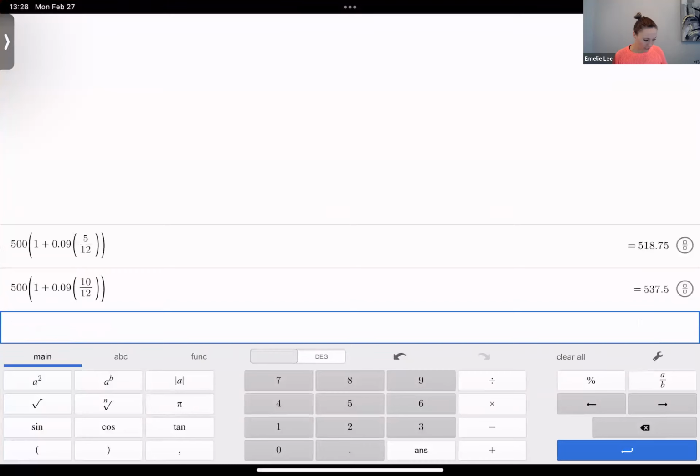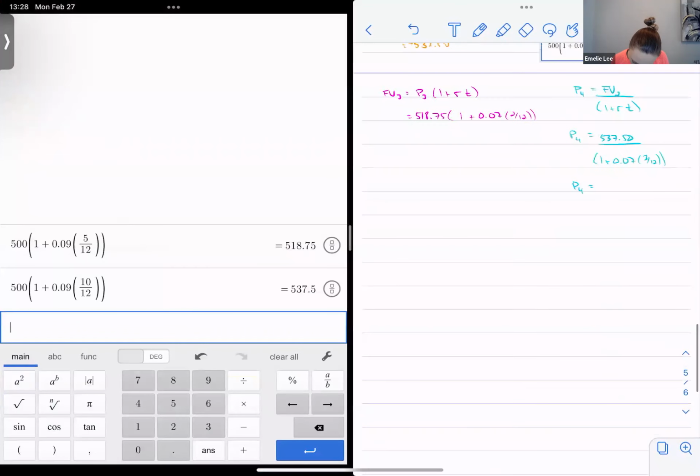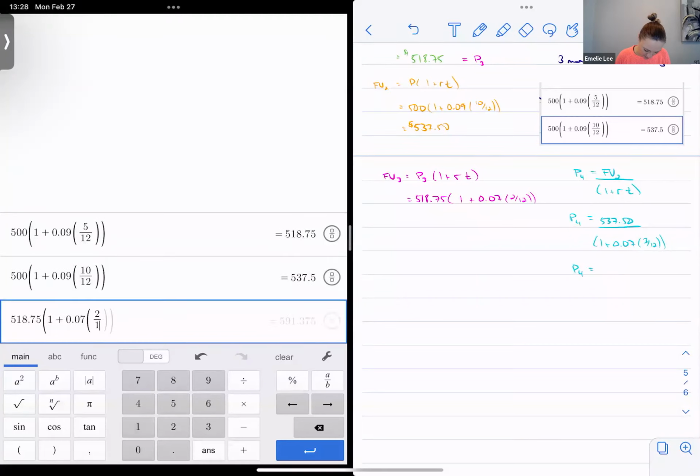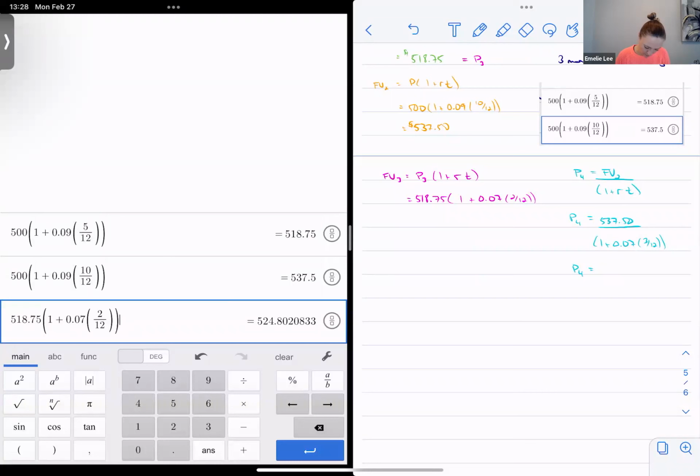Okay, we had future value, $518.75 times 1 plus 0.07 times 2 over 12. Oh, close the bracket, big brackets.